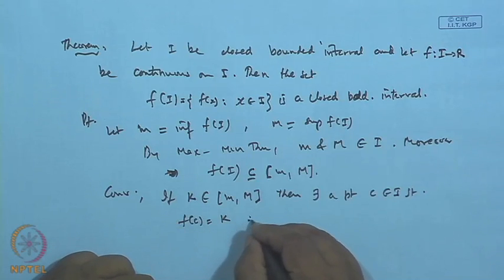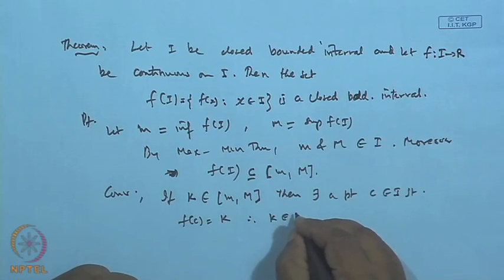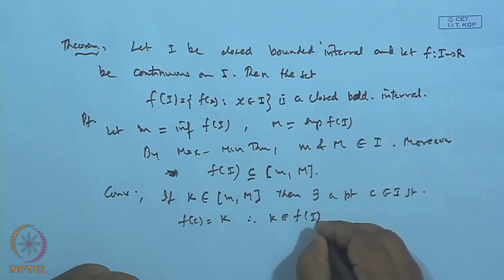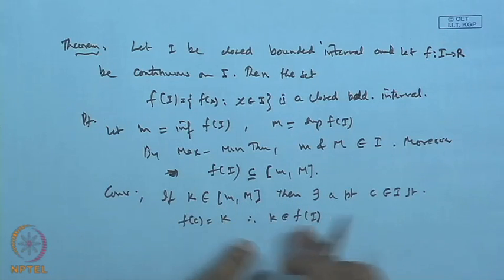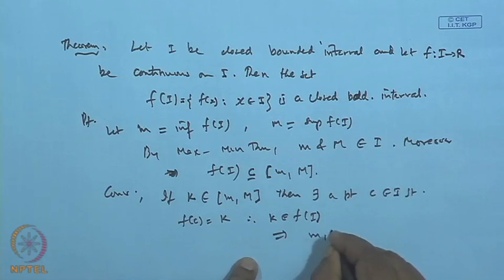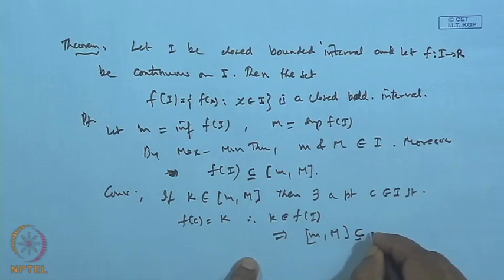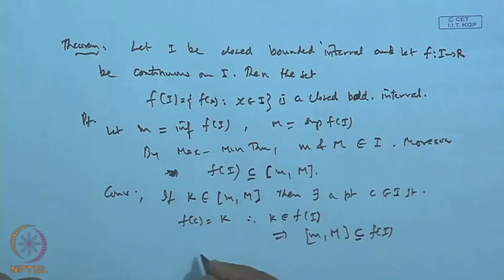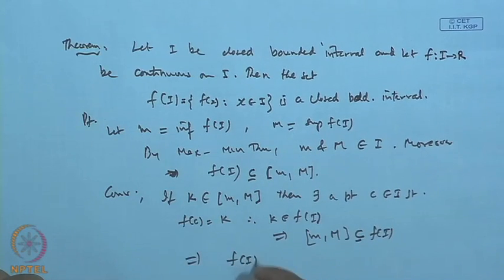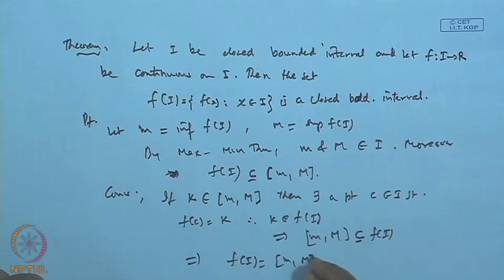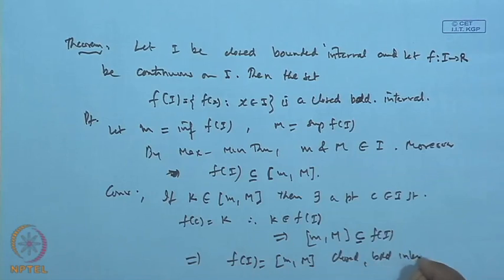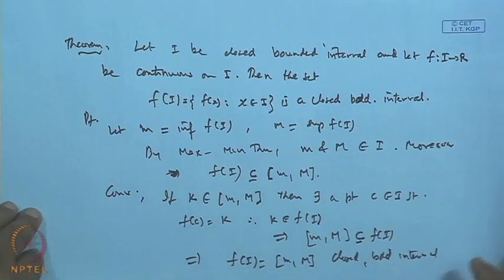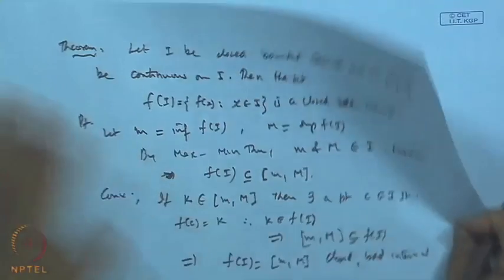It means k is an element of f of I. So, we conclude that any value in between m and M is also contained in f of I. Therefore, the closed interval m to M is contained in f of I. Combining these two, f of I is nothing but m to M, a closed bounded interval. That is, the image of a closed bounded interval under a continuous function is closed and bounded.